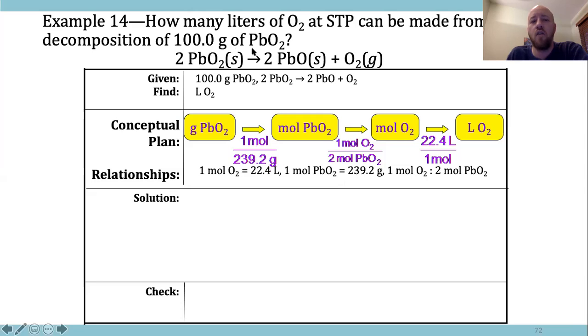We have 100 grams of a lead oxide, and we want to know how much oxygen is produced at STP. Starting from the mass, we use the molecular weight and the balanced equation, which I will remember to give you, because one problem from the last test was missing a balanced equation.